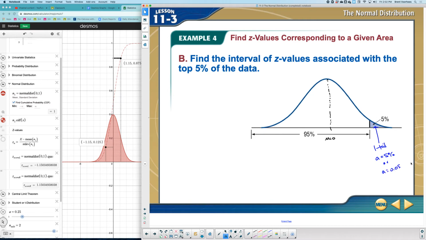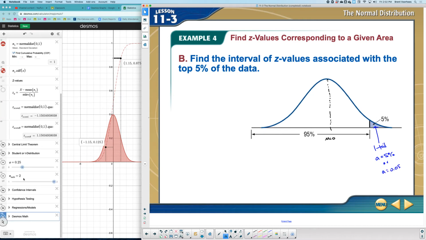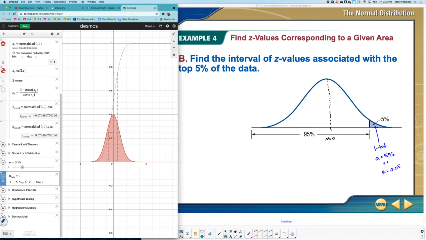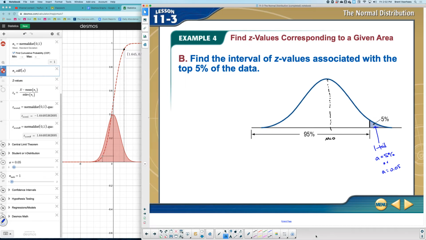So when I come over here to my tails, I'm going to change this. I'm looking at one tail, and I want 0.05. This is giving the values if you want the far left or the far right, where I'm getting 1.645 as z.